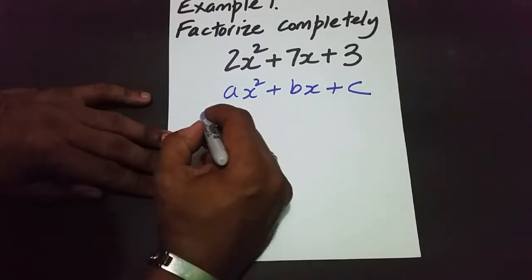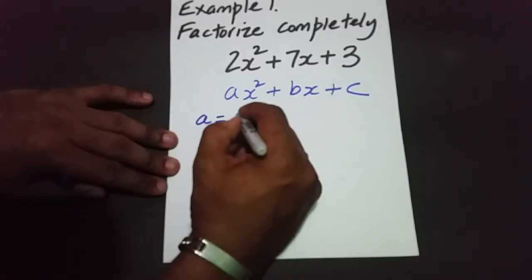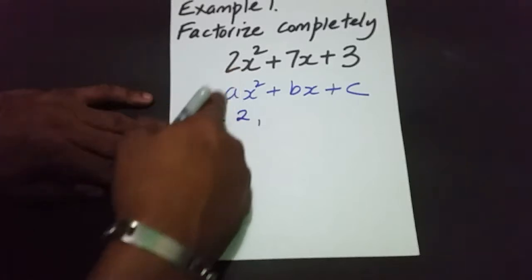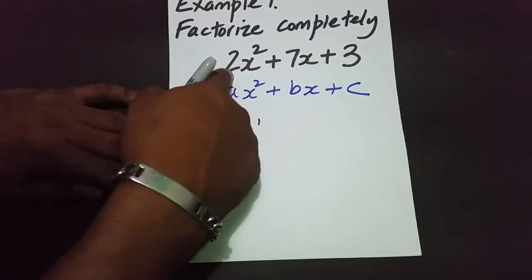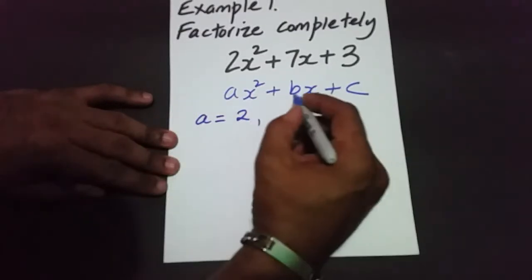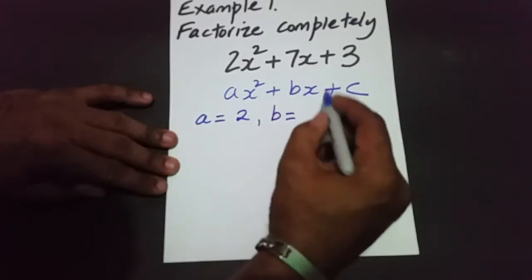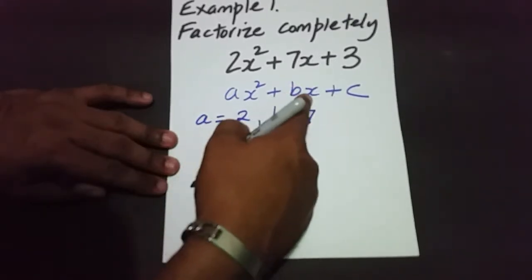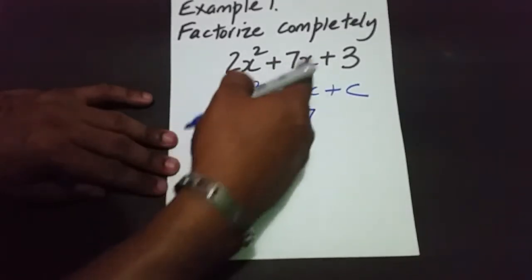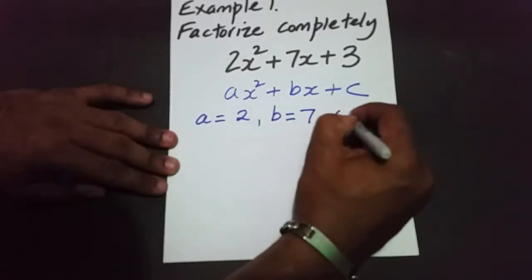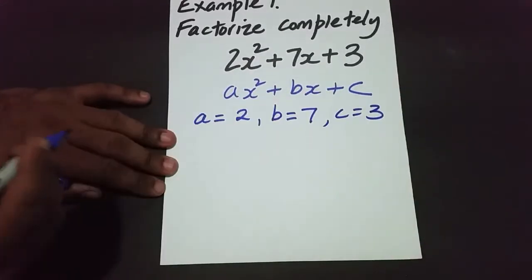So let's test this. The value of a is 2. Basically here, a is the number in front of x squared, and you can see that positive 2 is in front of x squared. And the value of b is 7. b is the coefficient of x, and positive 7 is in front of x there, and of course c is 3.